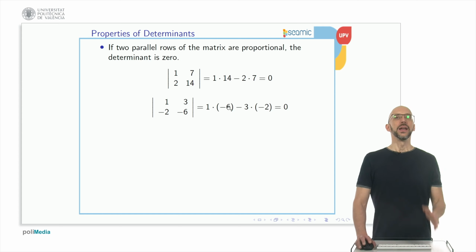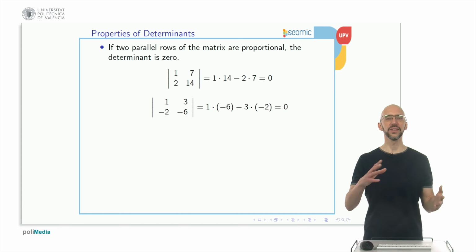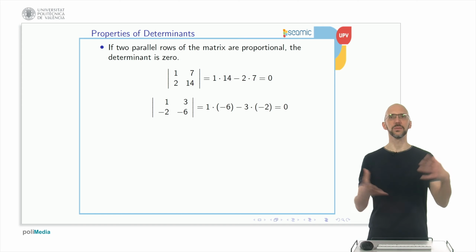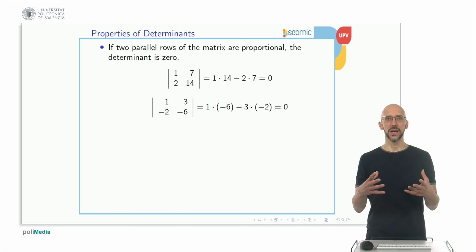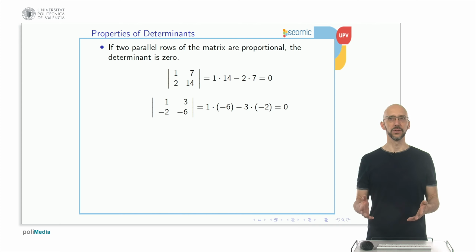Okay, now the property I was thinking about. If two parallel rows of the matrix or columns are proportional, the determinant is 0. It's exactly the same property as before, and we are just mixing some properties. The idea is that, for example, you know that if two rows or two columns are equal, then the determinant is 0.